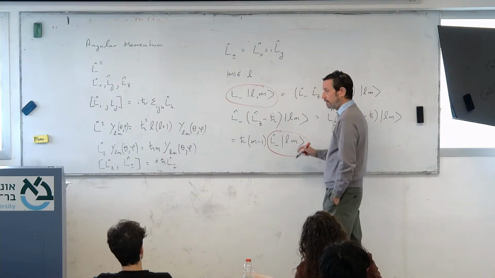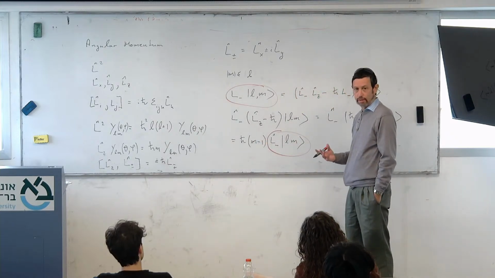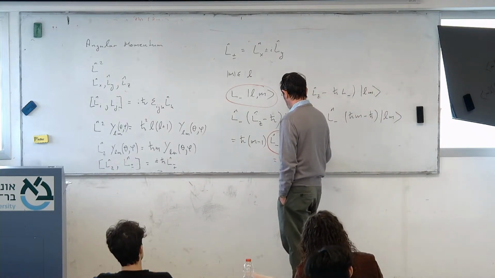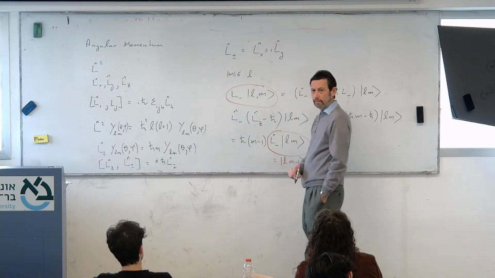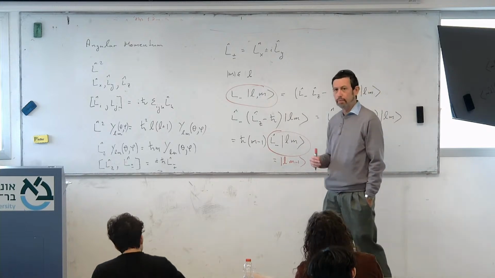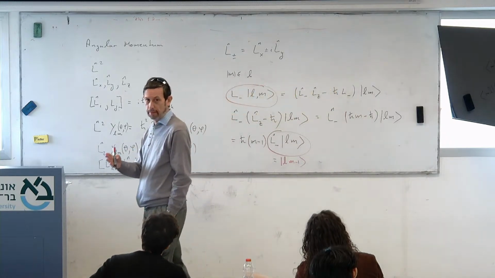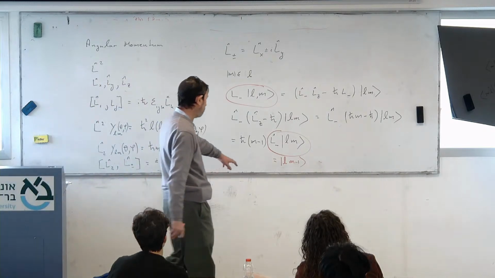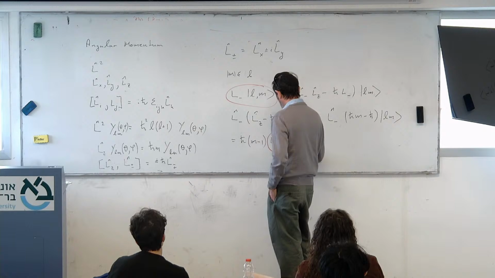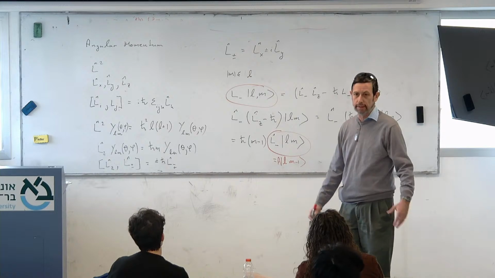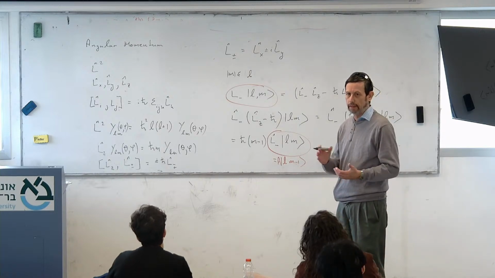Basically, it means that up to a constant, this is the eigenfunction, because employing Lz on it gives me n minus 1 times h bar, meaning that, up to a normalization, it's the eigenfunction with l and n minus 1.